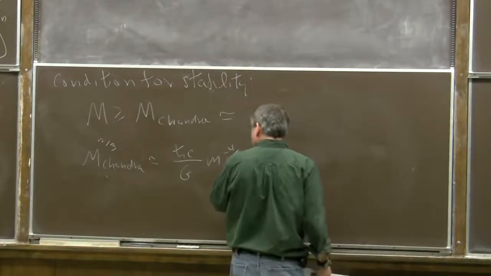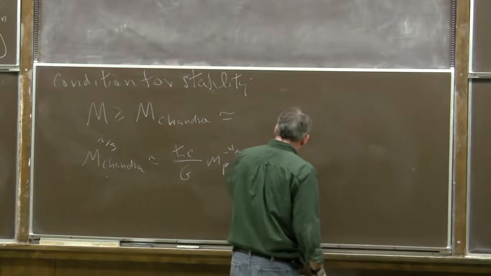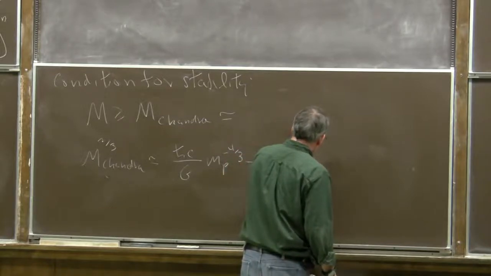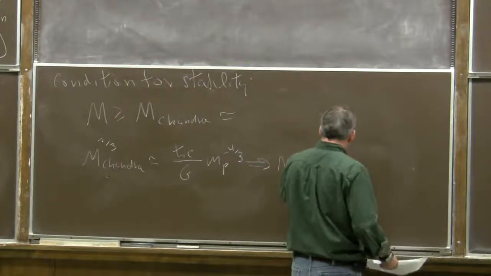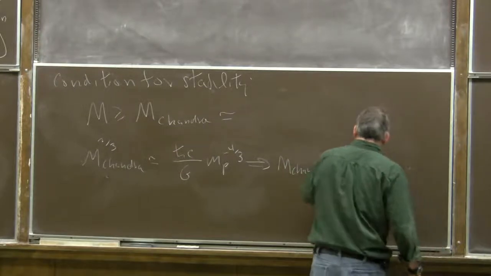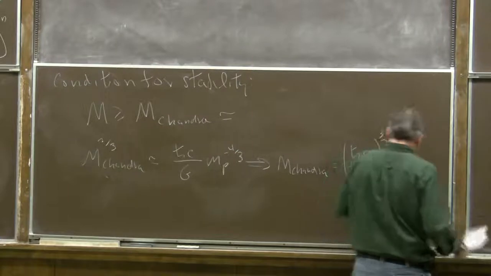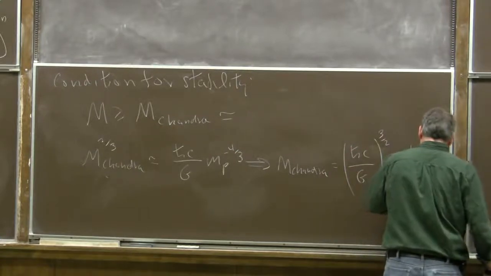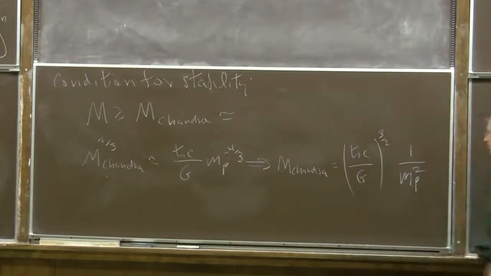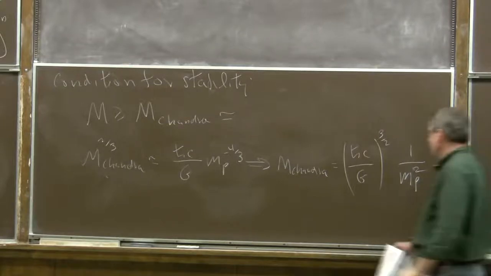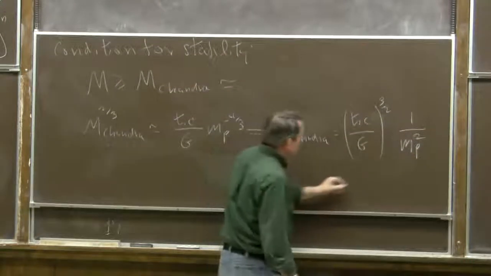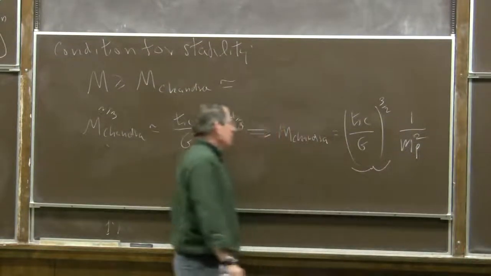So I can write that, therefore, this way: the Chandra mass is h bar c over G to the 3/2, 1 over the proton mass squared. So this is something which has the dimensions of mass cubed.